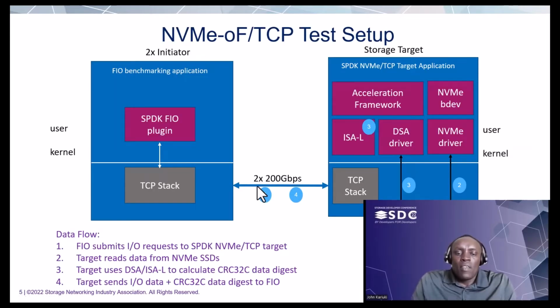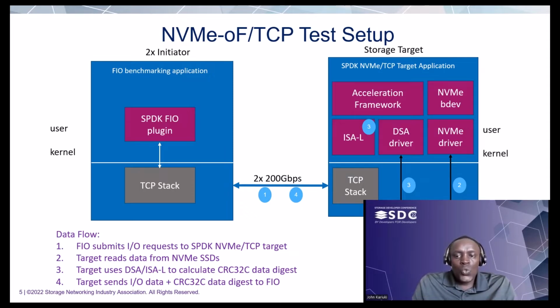Next, let's take a look at the hardware and software components in the test environment that I used for benchmarking. We're going to look at how we set things up on the target first. We're running the SPDK NVMe over TCP target application on a system that has 4th generation Intel Xeon Scalable processors, codenamed Sapphire Rapids.